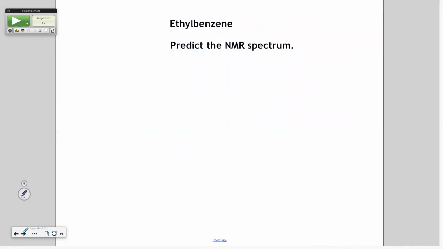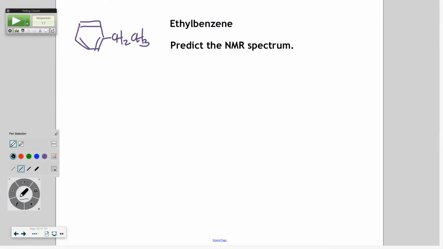Okay, ethylbenzene. Here is ethylbenzene. It's a benzene ring with a CH2CH3. It's an ethyl on a benzene ring, the easiest name. How many kinds of hydrogens are in there? How many do you think are in there? Okay, well, we got this one. We got this one. What do you think?